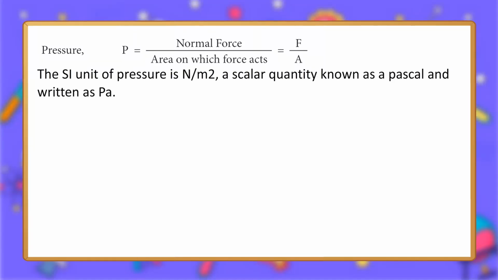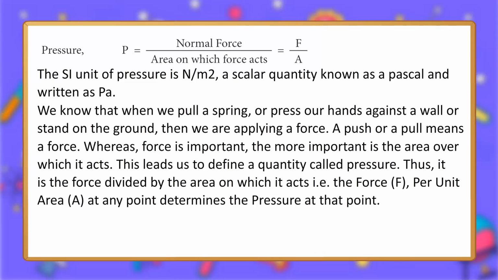What we don't know is the P. Thus, applying the formula we have P equals F upon A, or P equals 1500 N upon 5 m², equals 1500 upon 5 equals 300 Pa or N m⁻².